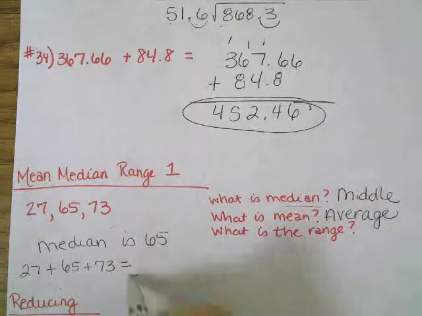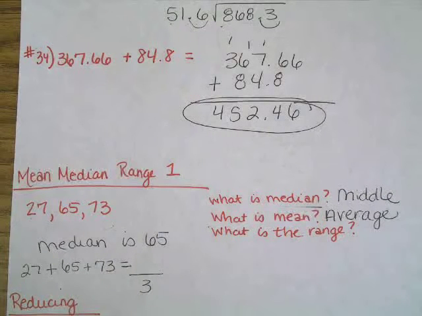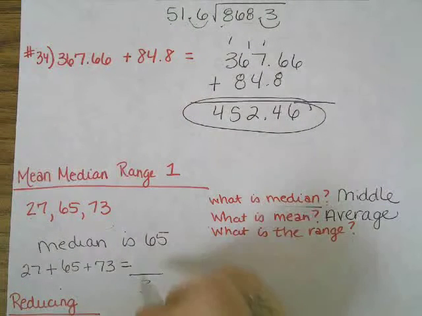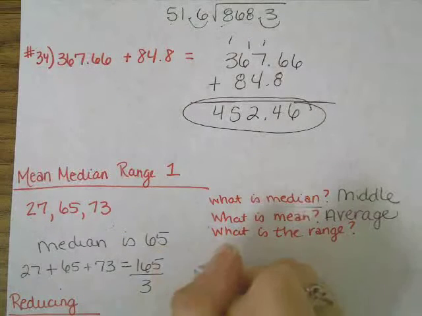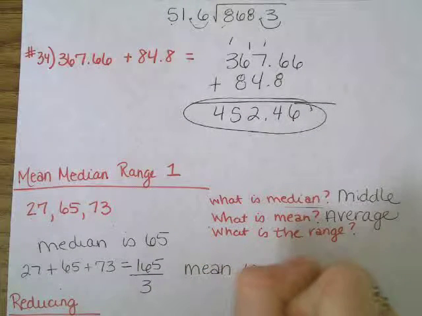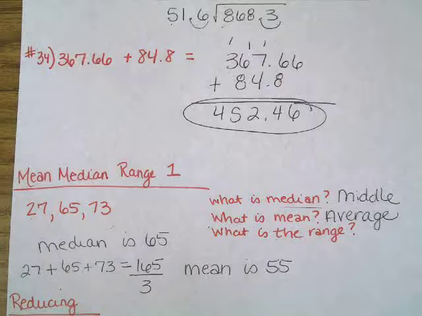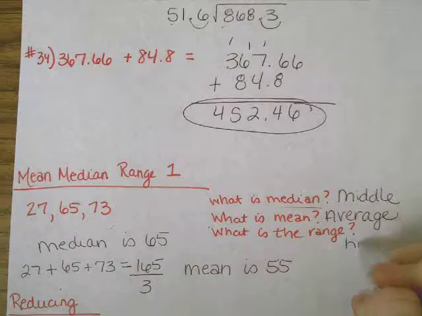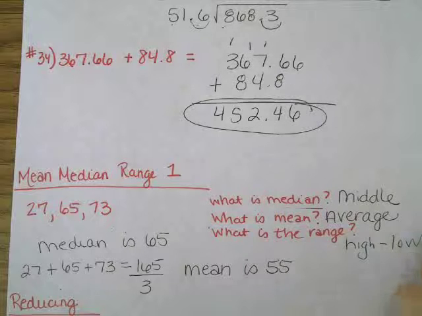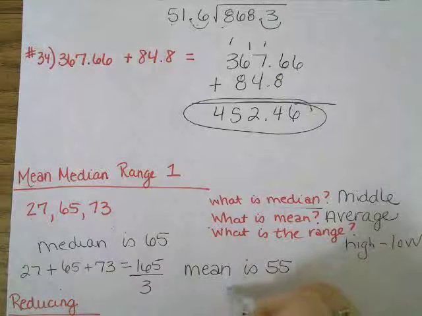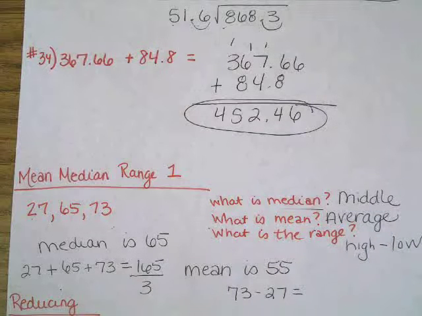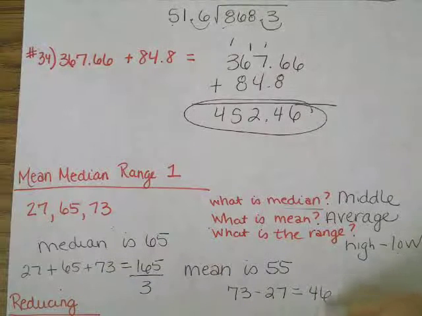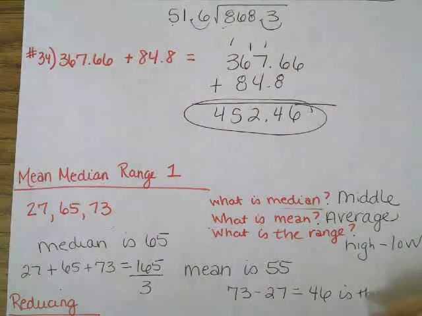I equal that and divide it by 3, which is 165 divided by 3. So my mean is 55. And then the range is high minus low. So I would take 73 and subtract 27. And I get 46 is the range.